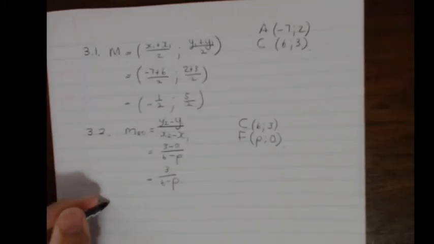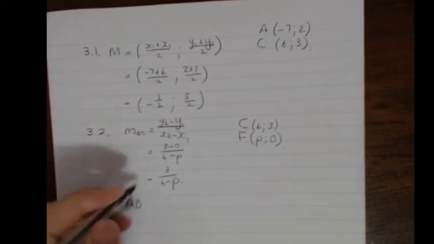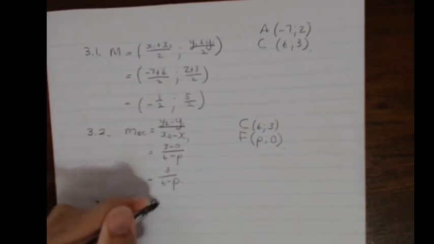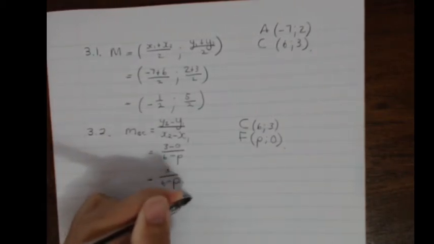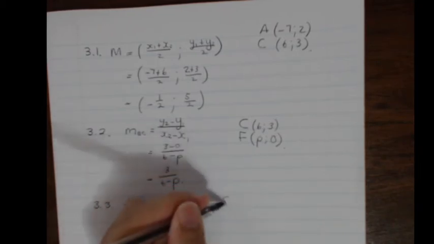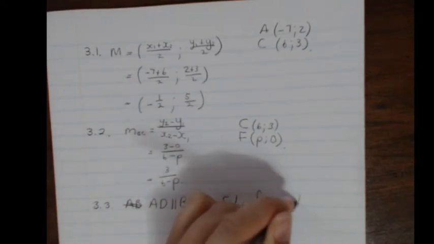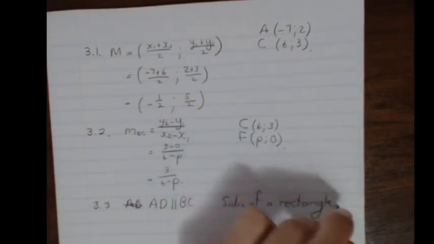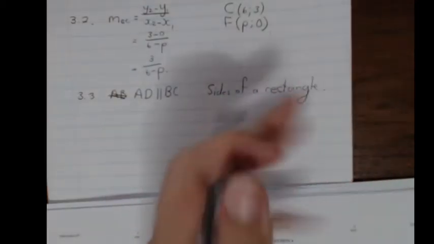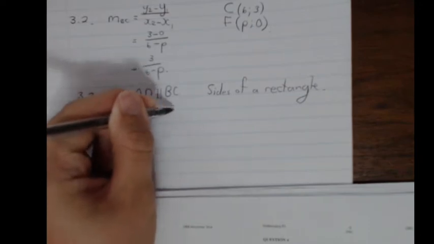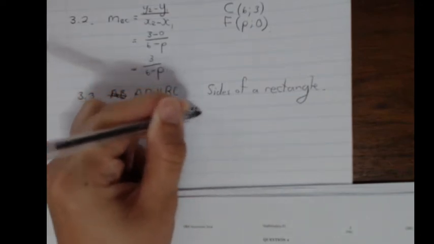Let me just state that AD and BC are parallel because they are sides of a rectangle, which the reason's not as important when you're working with analytical. Just to explain what I'm doing here, that means that the gradient of AD should be equal to the gradient of BC.